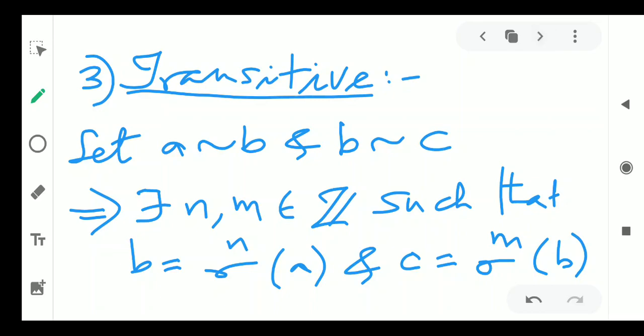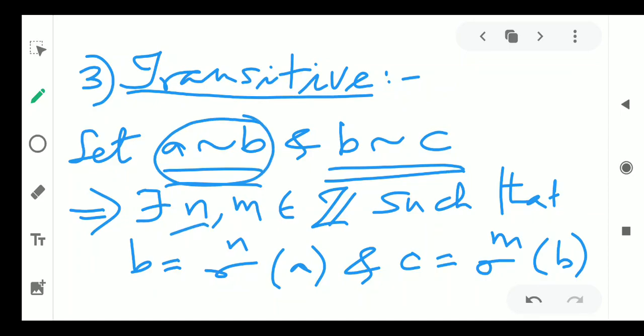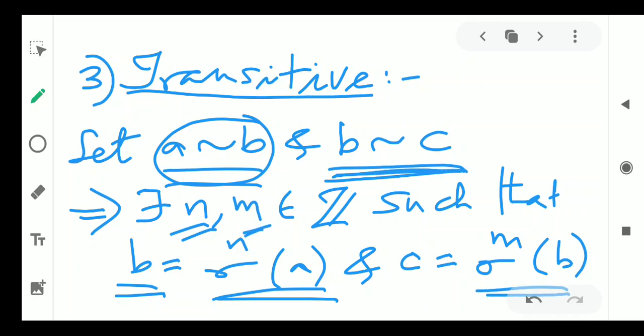Now transitivity. The relation can be proved to be transitive as follows. You choose a, b and c such that a is related to b and b is related to c. a is related to b means there exists n such that sigma raised to n of a is equal to b. b is related to c means there is m such that sigma raised to m of b is equal to c.